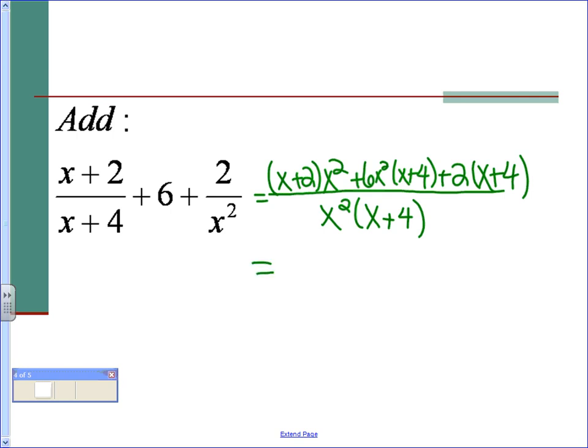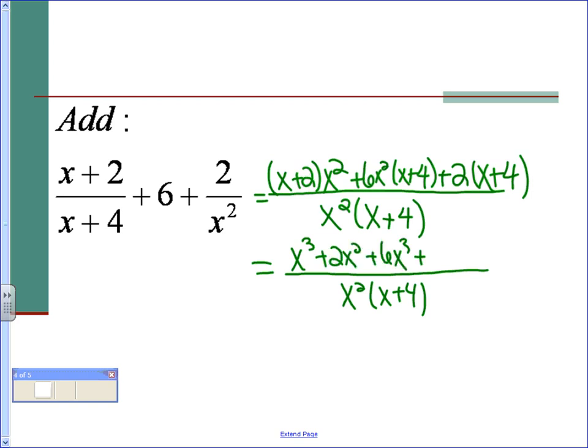Okay, so what would we get for our numerator? We got x cubed and then 2x squared. Right? And then plus 2x plus 8. Can I leave it like this?